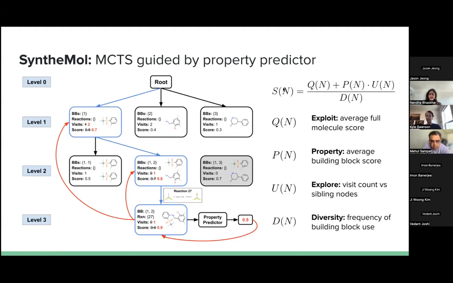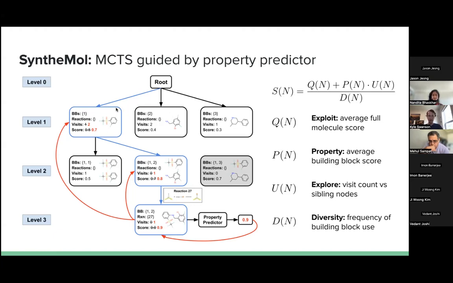And so now I'll explain what that specific scoring function is. So I'm drawing this equation right here. The way we score a particular node n, like one of these blocks right here, is we'll look at 4 components of that node. The first thing we'll look at is the exploit score. So this is asking, for this node, for this building block, what is the average score of full molecules that are produced by this node?